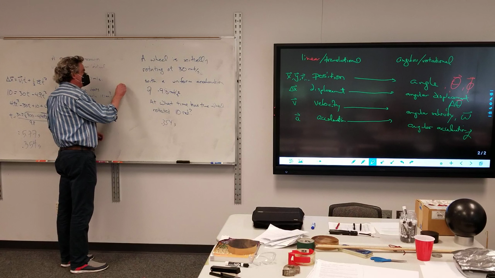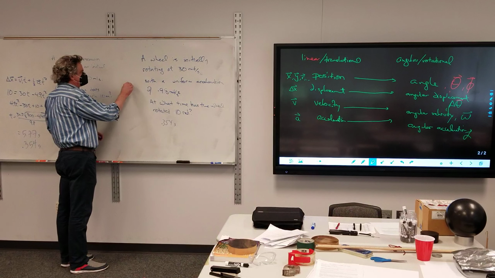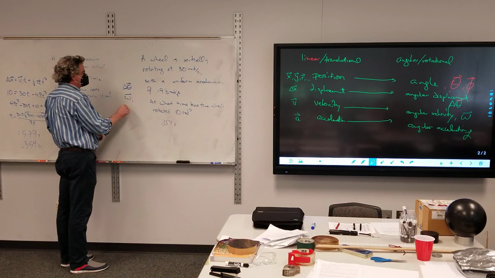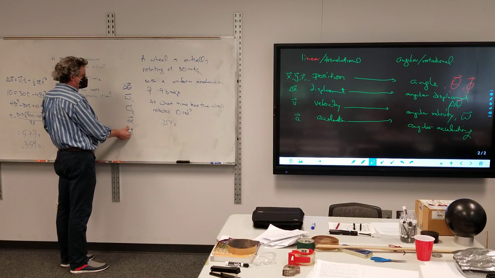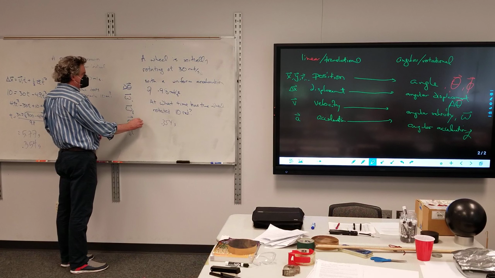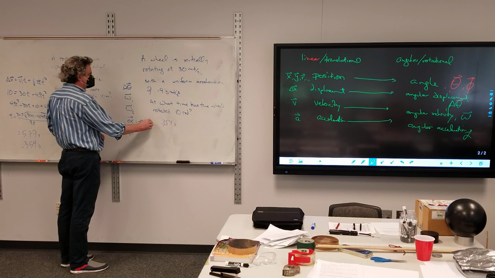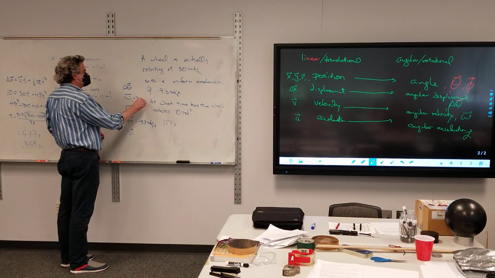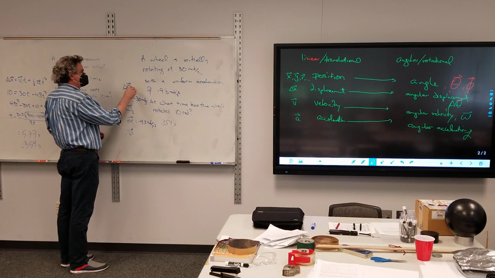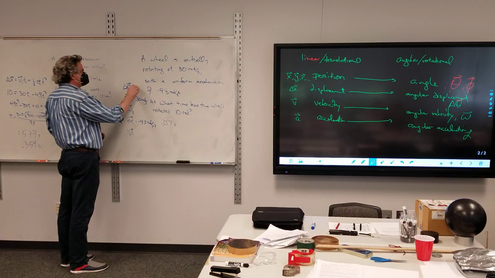We would set up the exact same way, except now delta theta, omega initial, omega final, alpha, and time. That's negative 9.8 radians per second squared. That is 30 radians per second. And again, radians.